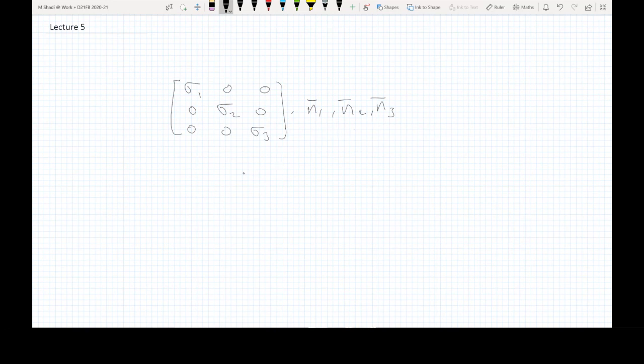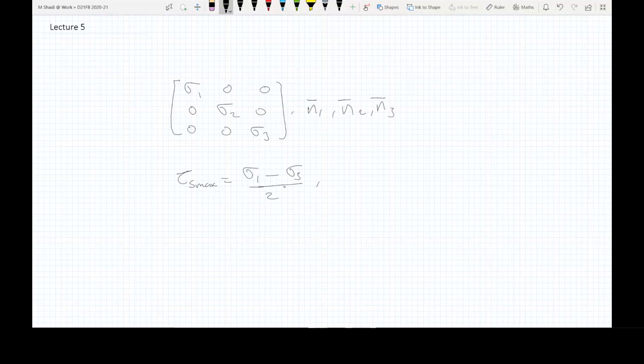So for the maximum shear stress, since we agree that sigma 1 is larger than sigma 2 and sigma 2 is larger than sigma 3, the maximum shear stress is going to be, I'm going to call it tau S max or TS max, whatever you prefer, sigma 1 minus sigma 3 divided by 2.